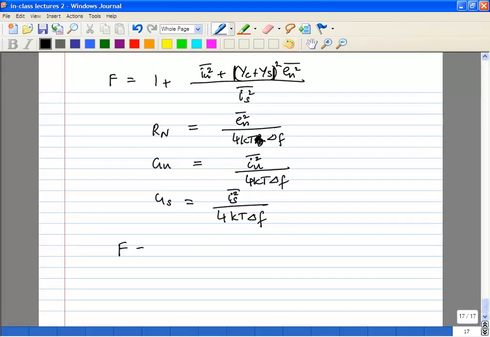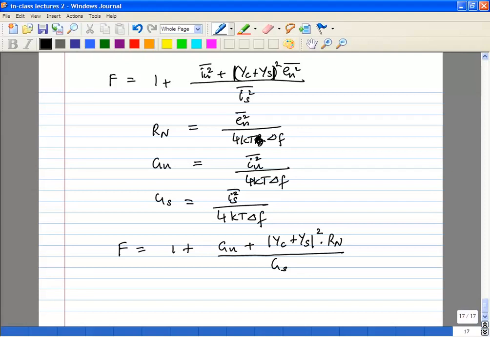So now we can write F in terms of these impedances. Of course, 4 kT delta F is a common term for all of these. So Iu squared is going to have a Gu term. Is that clear?